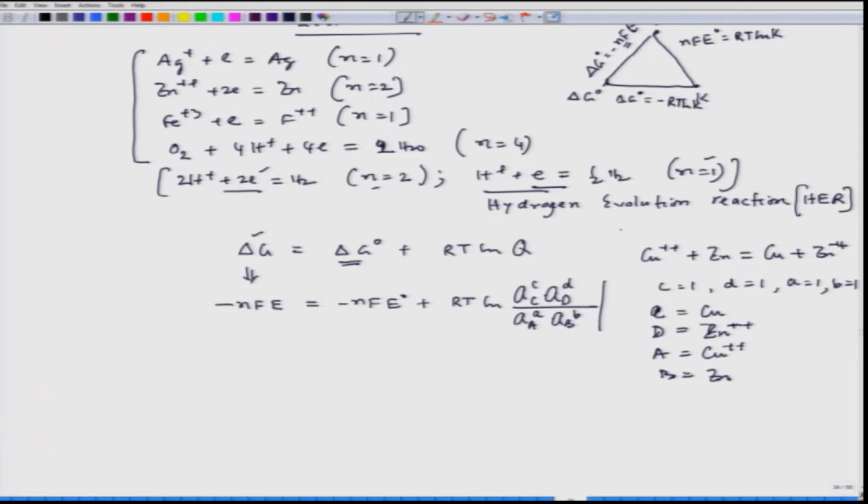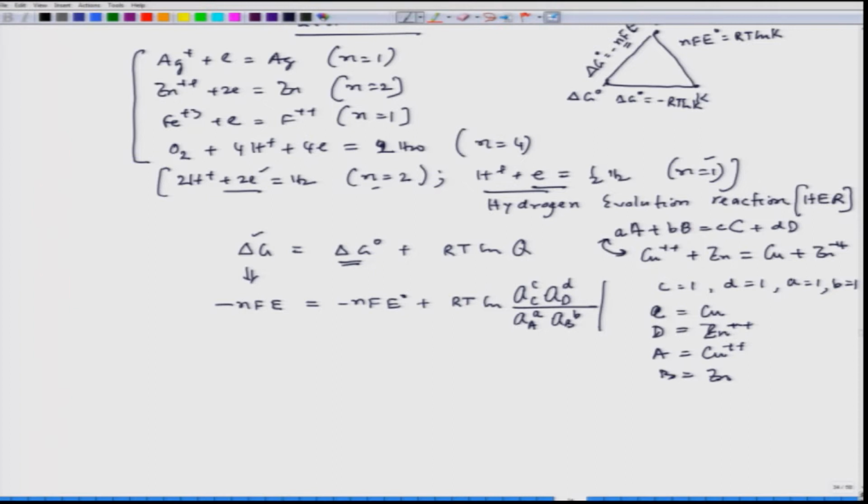So, like this A plus B equal to C plus D. I am trying to correlate electrochemistry with the chemical reaction.